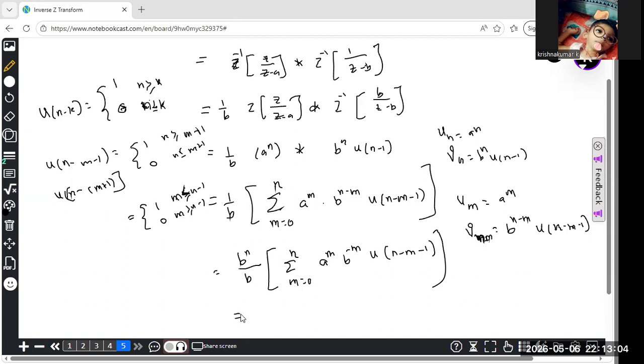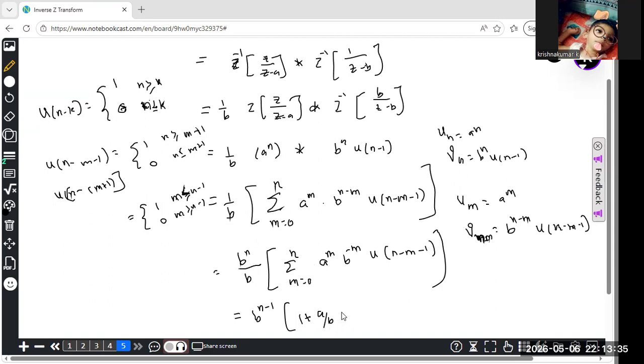So therefore this expression becomes b power n minus 1 into, first, m equal to 0: 0 is less than n minus 1, so this will be 1, and a power 0, b power 0 is also 1. Plus next, if you put m equal to 1, this will be a by b.